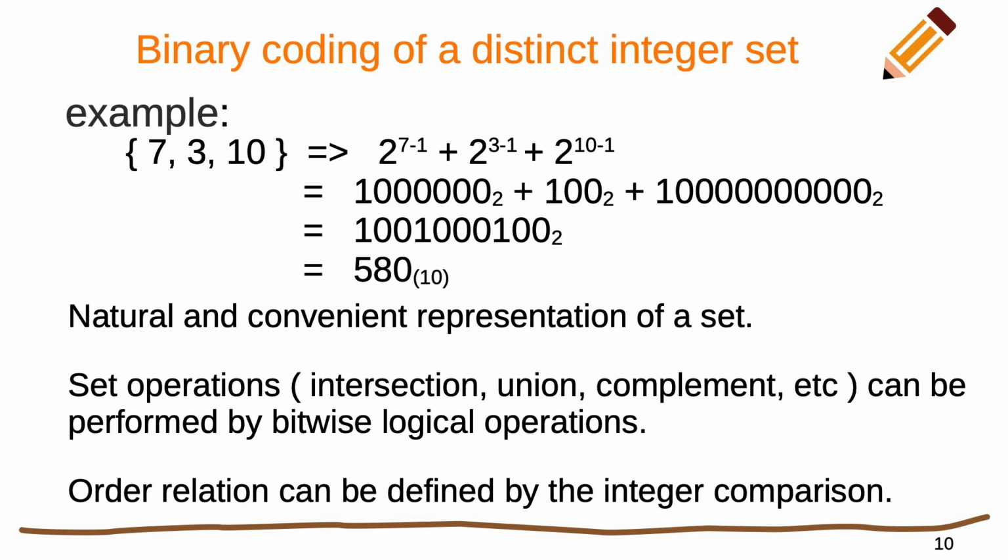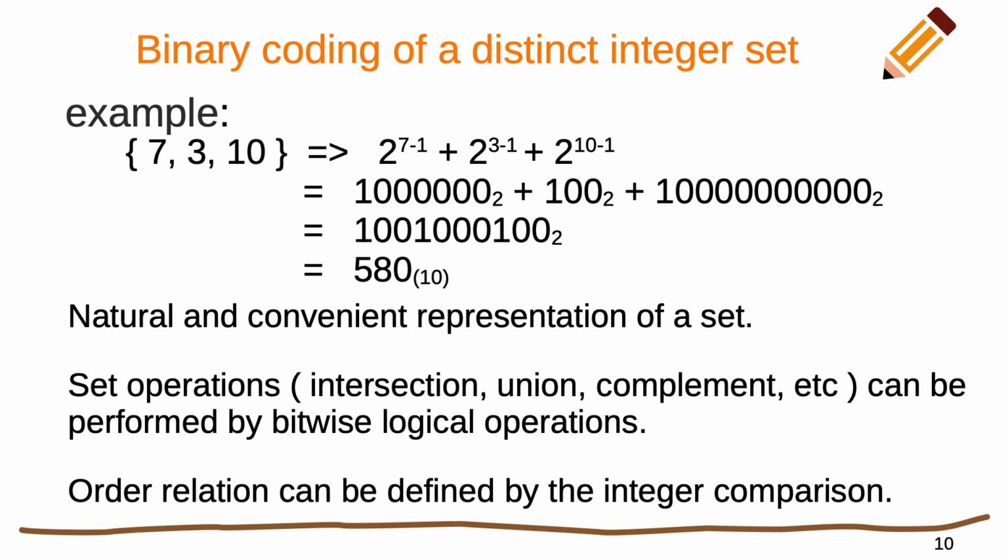Next, we introduce the binary coding of a distinct integer set. In this scheme, each bit of a binary word represents the presence or absence of an element, as demonstrated in this example. This coding is a natural and convenient representation of a set of distinct objects.